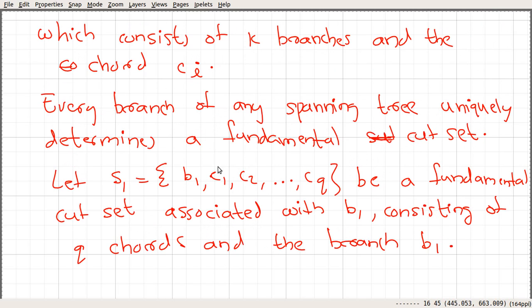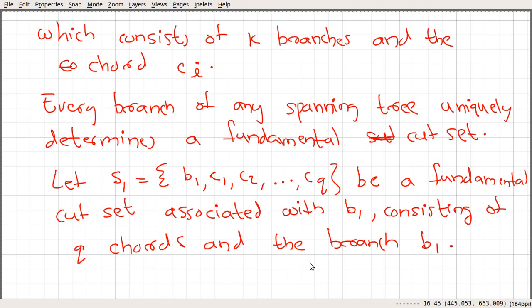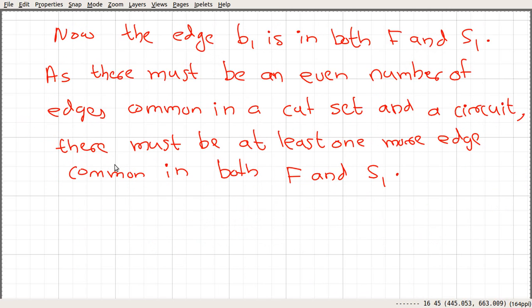We know that B1 is common to both F and S1, and as there must be an even number of common edges, there must be at least one more edge common in both F and S1.